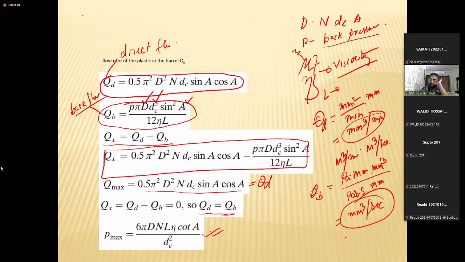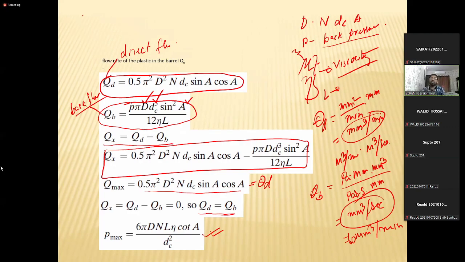We can convert it to millimeter cube per minute by multiplying by 60. So that is the formula we shall give. You can memorize this formula; I think it is better to memorize it, or otherwise, as it is complex, maybe this formula will be given to you during the exam.